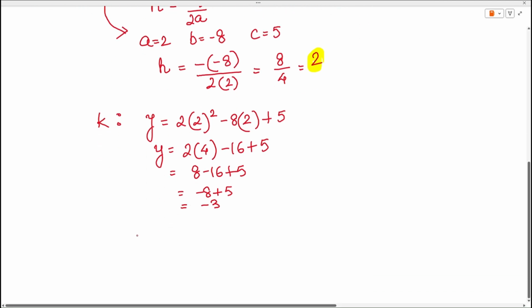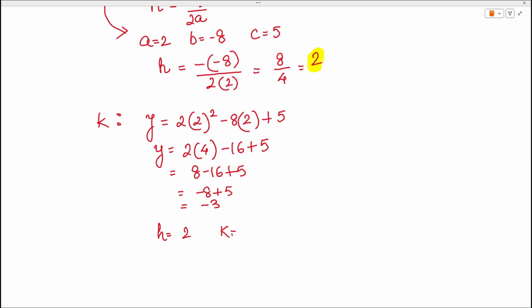From here we can see that h is equal to 2 and k is equal to negative 3. Let us put these values back into the vertex form. Vertex form is y is equal to a times (x minus h) whole squared plus k.